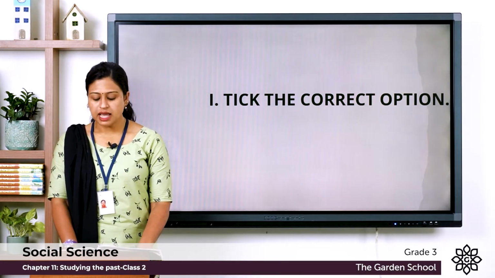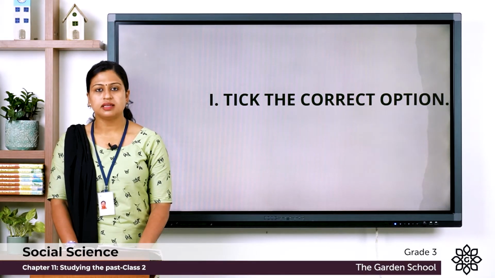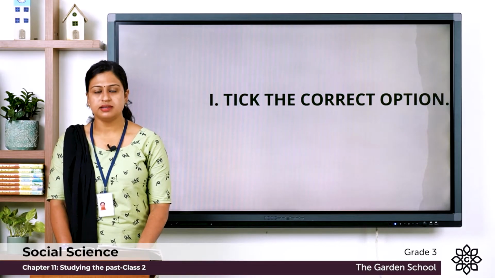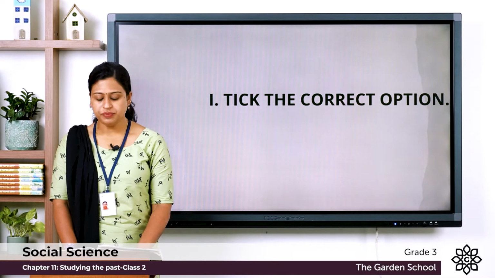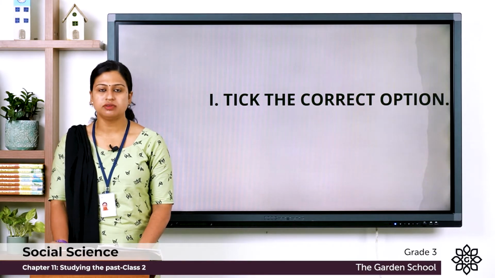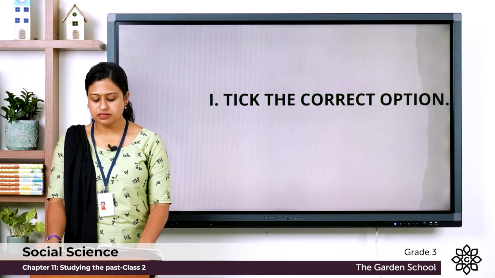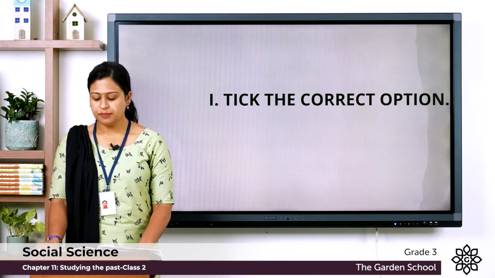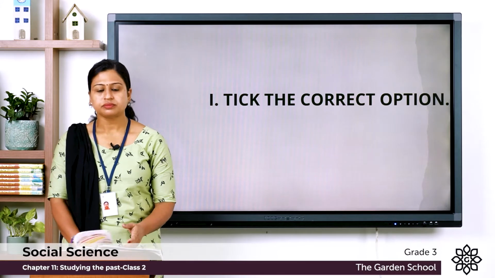Second one, the time yet to come is known as A, past, B, future, C, present. Third question, all photographs are an important dash of history, and the options are A, source, B, year, C, book.